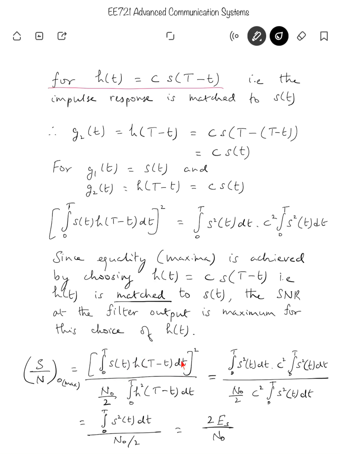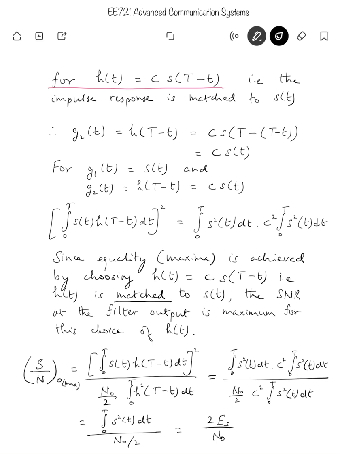G2 of t, which is our impulse response, is some scaled version of the transmitted signal, but it is also shifted and time reversed. Okay, that doesn't change the value, it is just the direction and the shift which has been changed. So it is still proportional to the signal s of t. So we get the maximum signal to noise ratio.